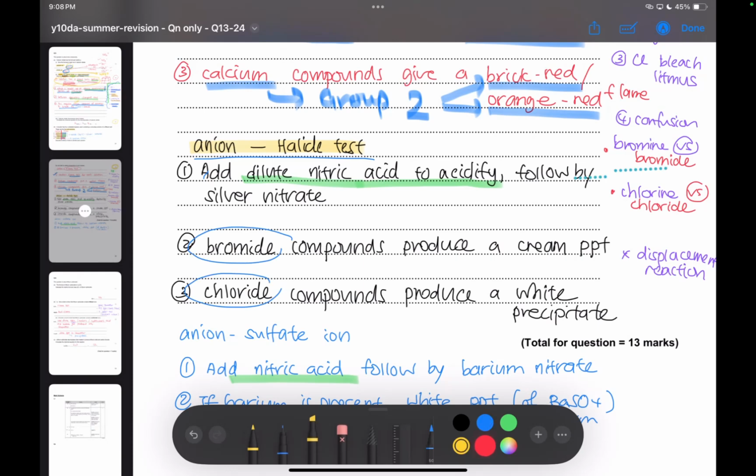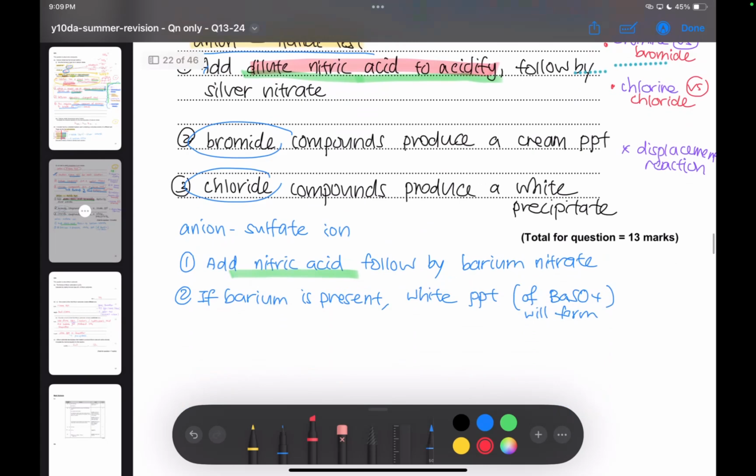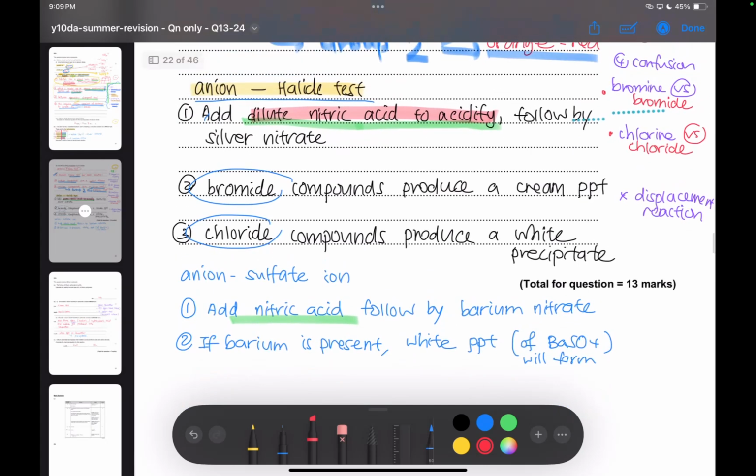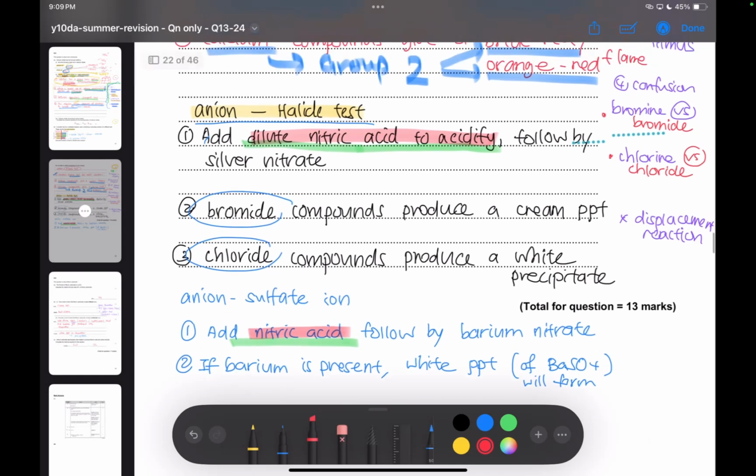The most common error students tend to make is they forget to add acid to acidify. So why is this step required? Even for my sulfate ion, I also need to add nitric acid to acidify. The reason is very simple.